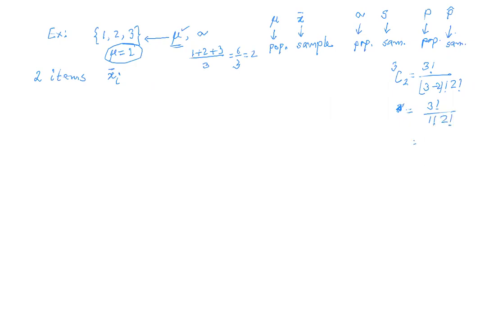So there's going to be 3 times 2 factorial divided by 2 factorial, which is 3. So that means you can pick 3 groups of 2, which is very easy to identify. That's why I gave you this problem. So the first group is 1, 2, and the average of that is going to be 1 plus 2 divided by 2, which is 1.5, and I call it x1 bar. The second group is 2, 3.